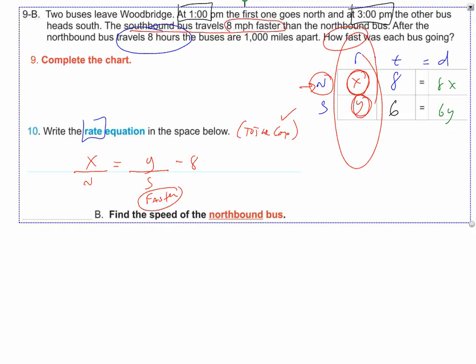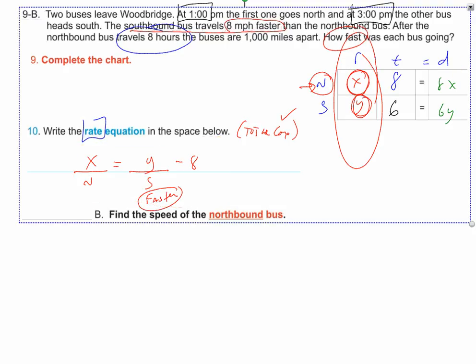So again, for some of you, I said right in here, you're using things that are not rates. 8x is a distance. 8x is not a rate.